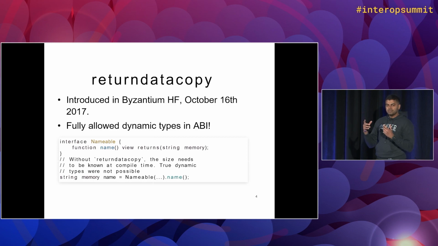You really need to have this returndatacopy instruction to copy a dynamic amount of data from the return data buffer into memory. Why does it have to be returndatacopy? Because we don't know the length of the string that's going to come back to us. Could be from 32 bytes to 64 bytes. If we actually knew it, we wouldn't really need returndatacopy anymore.